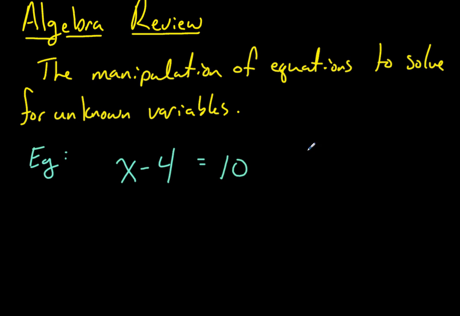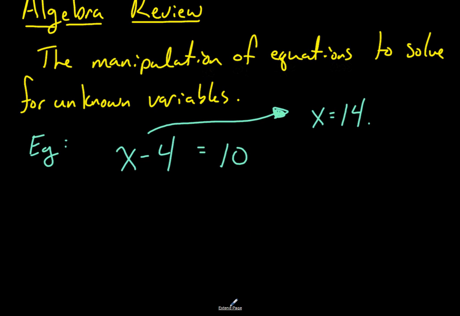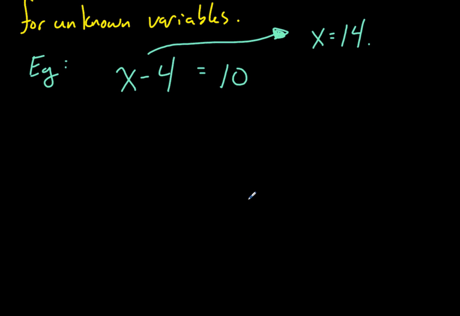What is the only number that x could represent? What must x be equal to? 14. Fantastic. We know that 14 minus 4 is 10. Perfect. That's easy, but we're going to use it to show you one of the most basic techniques in algebra, and that is isolating the unknown variable.